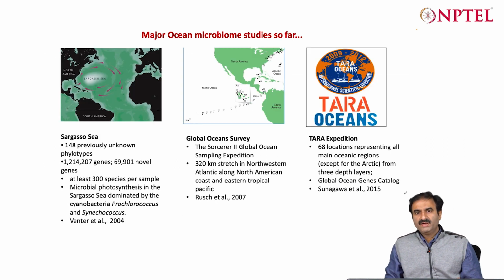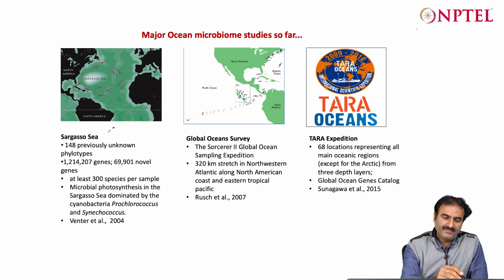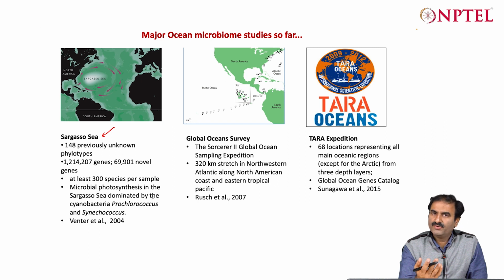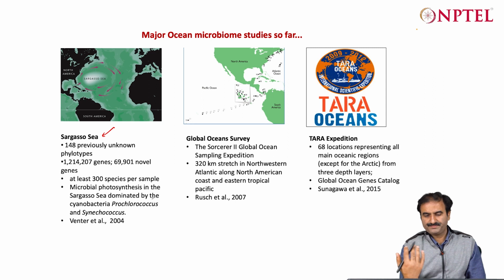The first one was the Sargasso Sea study by the Craig Venter group, which, using Sanger sequencing, found several new microbial groups and species doing a lot of functions in the ocean microbiome.